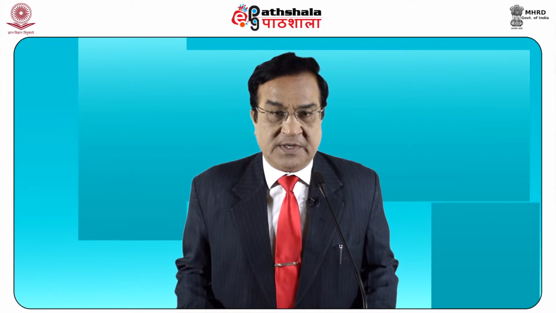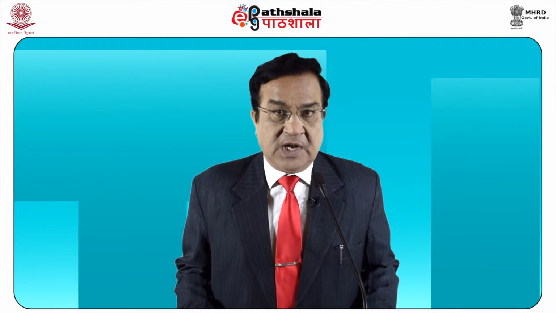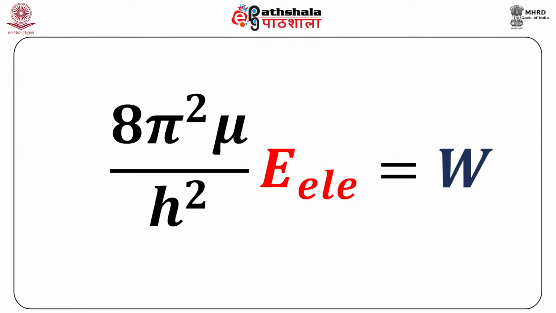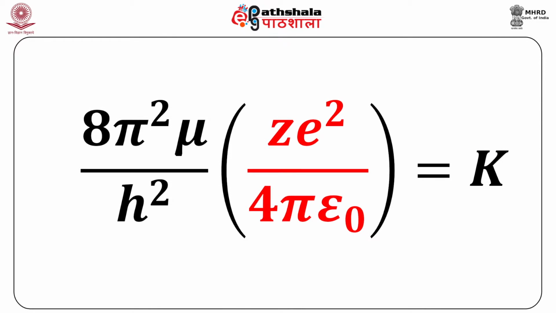Here, as you remember, we discussed in the last module, R(r) is equal to F_L/r, whereas W is 8π²μ/h² E, and K is equal to 8π²μ/h² times Ze²/4πε₀.